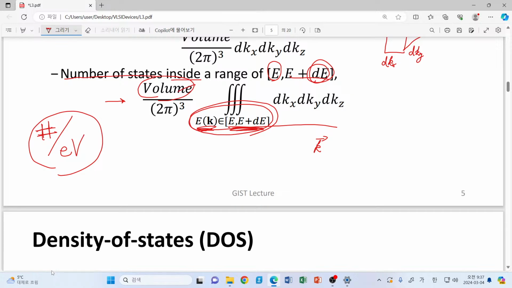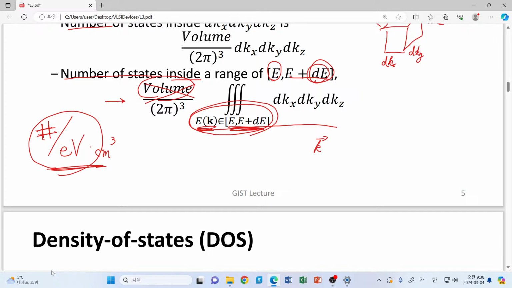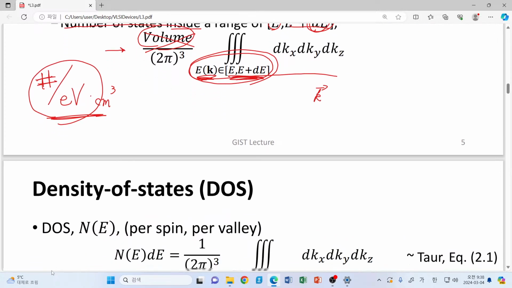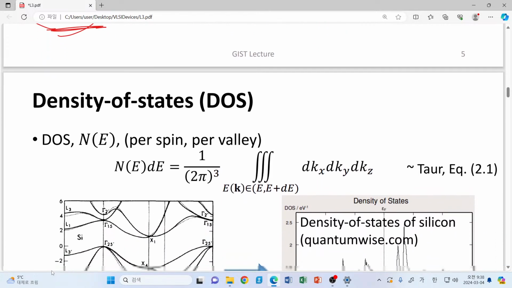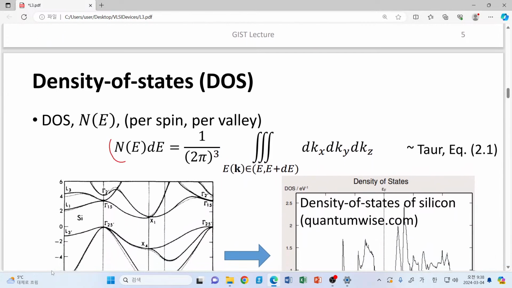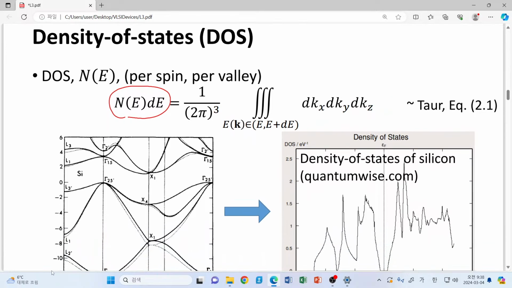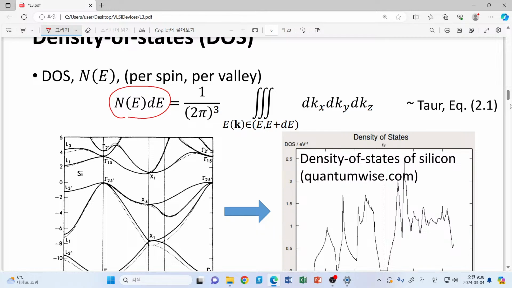If we eliminate this volume, meaning we multiply or divide this number by volume, then you can find numbers like the number of states per electron volt per unit volume or cubic centimeter. That is called the density of states, multiplied by our energy difference dE. So you can find that this corresponds to your equation 2.1.